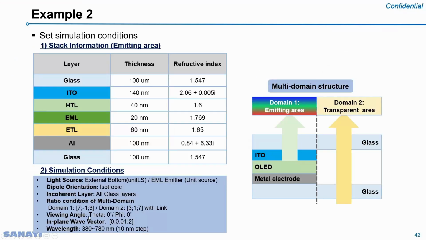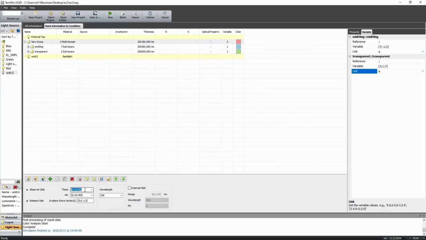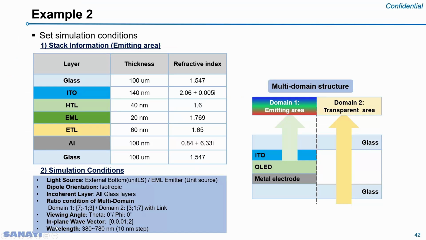For the viewing angle, theta is 0 and phi is also 0 degree. So I will change it. And for the in-plane wave vector condition, I will modify like this.